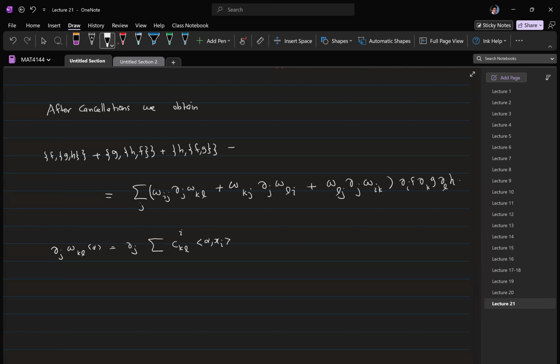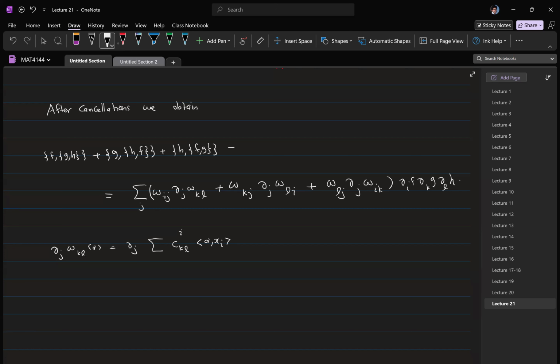You can see that you're taking the derivative in the direction of XJ. The only one that survives is for the XJ, because otherwise you're taking the derivative in the direction orthogonal to the direction that the function is varying.